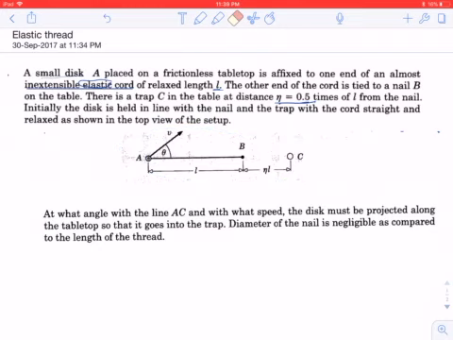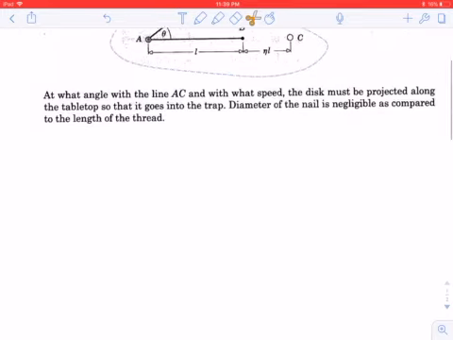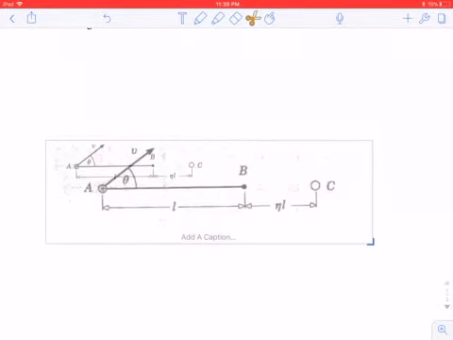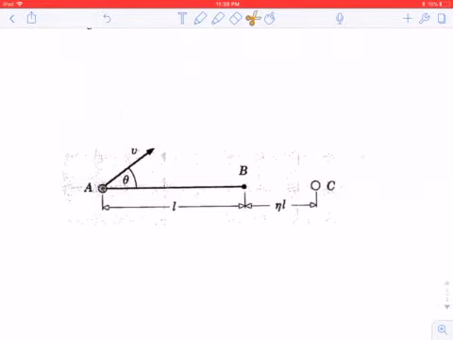Okay, so first of all, I'll just copy this figure. What is the significance of the elastic thread here? So we know that this disc will travel like this, isn't it?